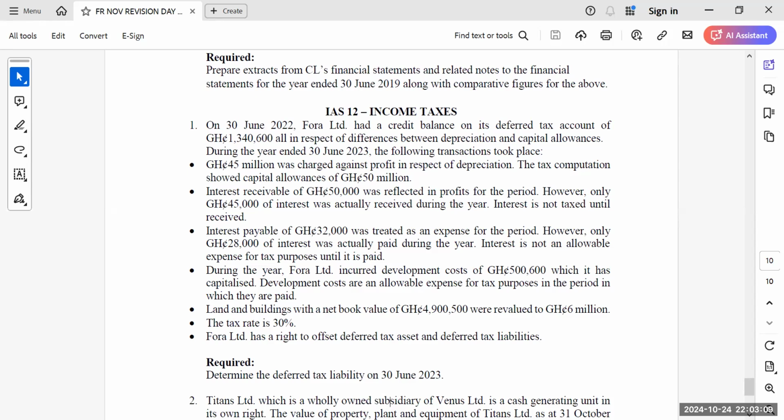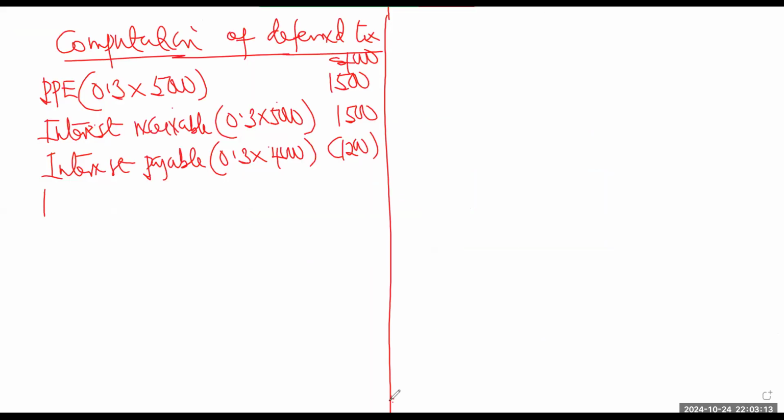So the development cost will always bring a deferred tax issue, because the tax authority has given you that one as capital allowance, but you are capitalizing it. It means that in the future, this particular amount will not be available for you to deduct from tax. So you suffer the tax benefit in the future on the amount that you have enjoyed now.